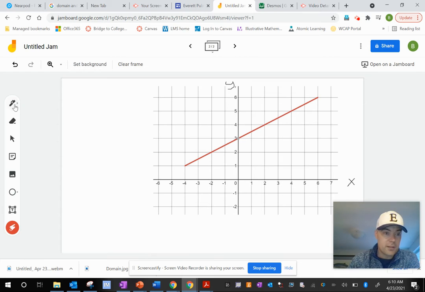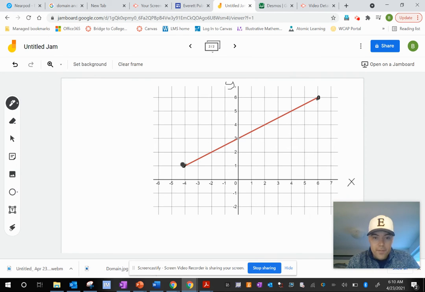So just like the last one, when I drew those lines at the beginning and the end of our line, and I drew them down onto the x-axis to see what the domain was, we're going to do the same thing vertically, right? So we're going to go ahead and grab the endpoints. So here's a little point right here on the end of the function, and here's another one at the other end, okay? And we're going to draw those lines onto the y-axis.